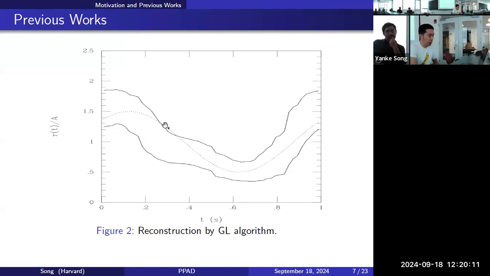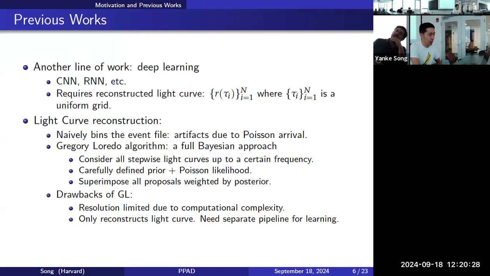So I would say it's a pretty good result, but you can see it's piecewise linear because the Gregory-Loredo algorithm can compute at most, let's say, 20 different stepwise light curve of 20 values, because it's a pretty computationally expensive algorithm.